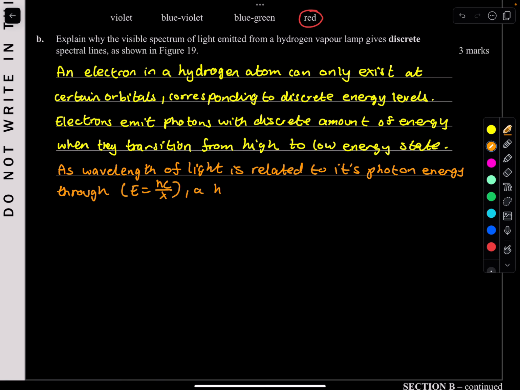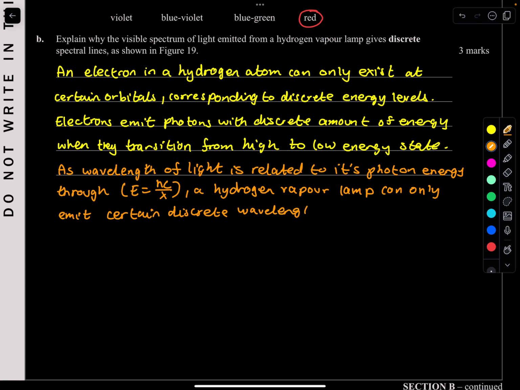A hydrogen vapor lamp can only emit certain discrete wavelengths, corresponding to spectral lines, that is, to the differences in energy levels.